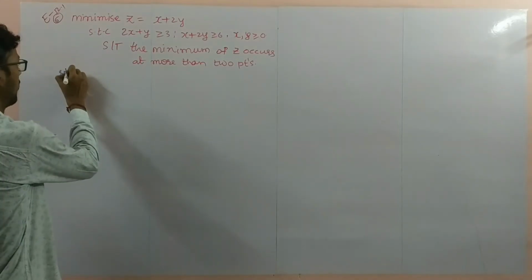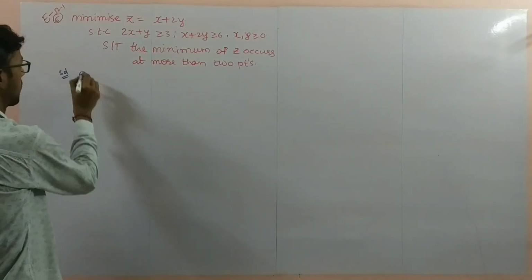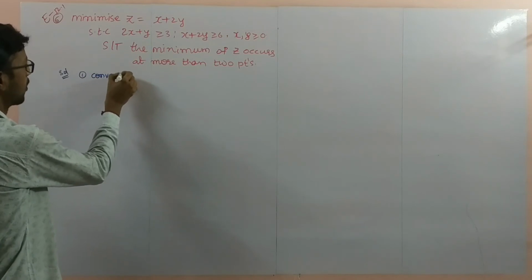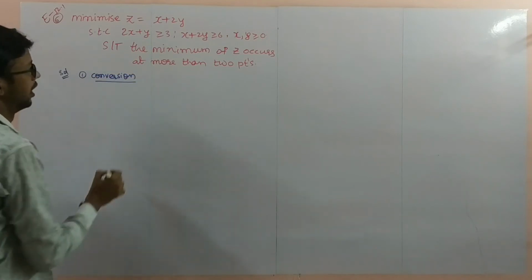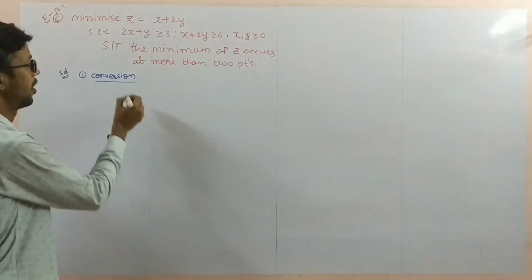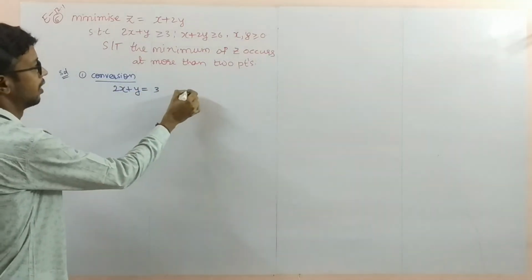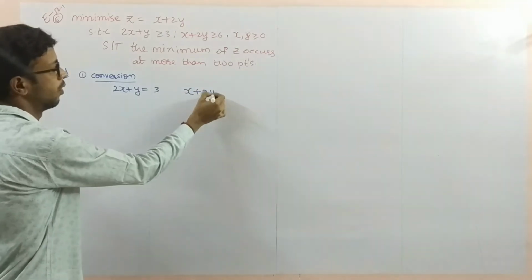Solution: first of all, conversion. Convert the inequations into equations: 2x plus y equals 3, and x plus 2y equals 6.